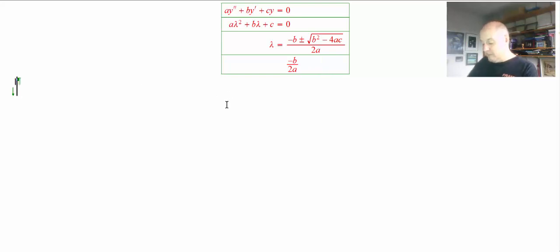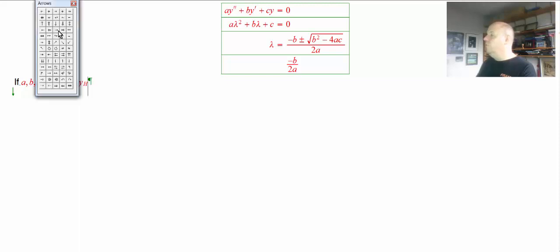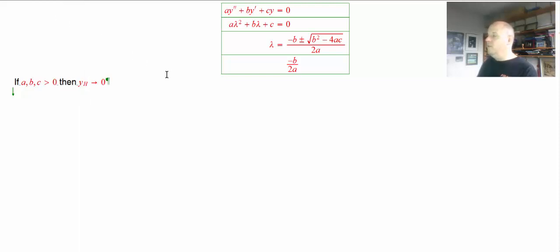We've said that if the A and the B and the C, all the coefficients in our linear constant coefficient second order differential equation are positive, then the eigenvalues have negative real part. So for our purposes, we can say the homogeneous solution goes to 0 as time goes to infinity, because the eigenvalues are all negative. Now we've got all 3 cases of homogeneous second order done.